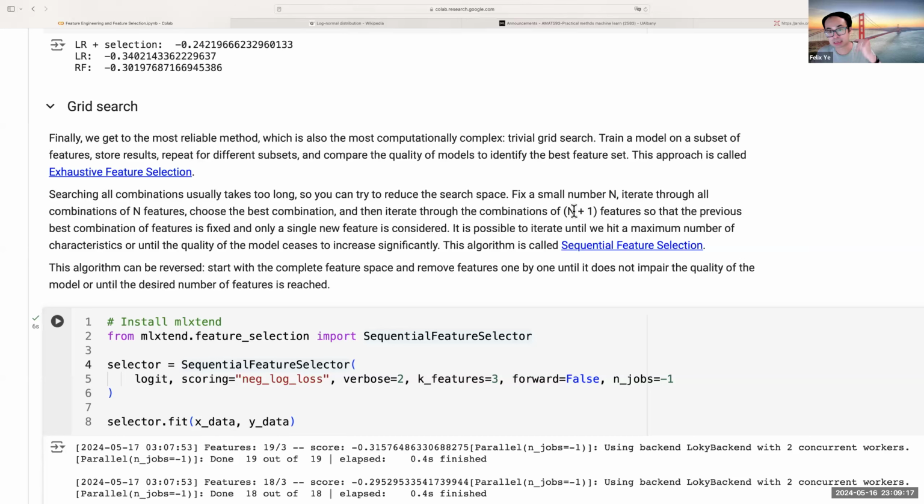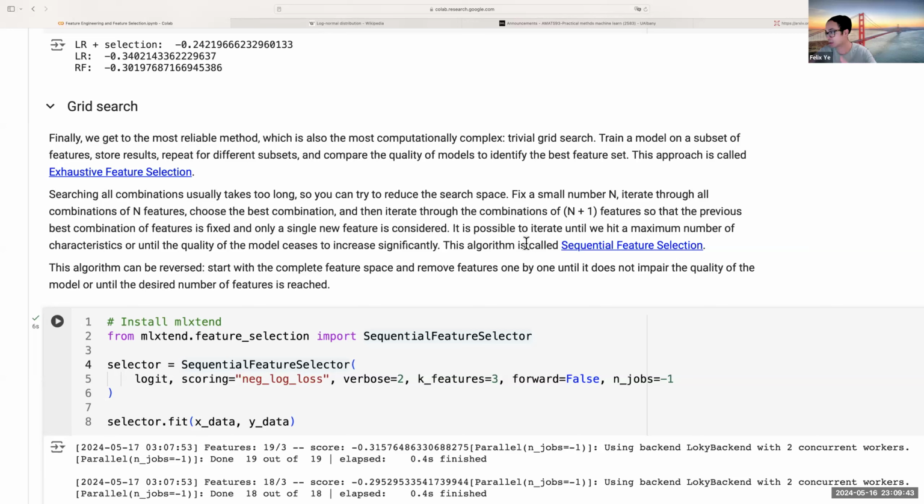We need to make sure the previous best combination of features is fixed. Only one single new feature is considered, and we pick that one single feature that gives you the best results among the possible choices.